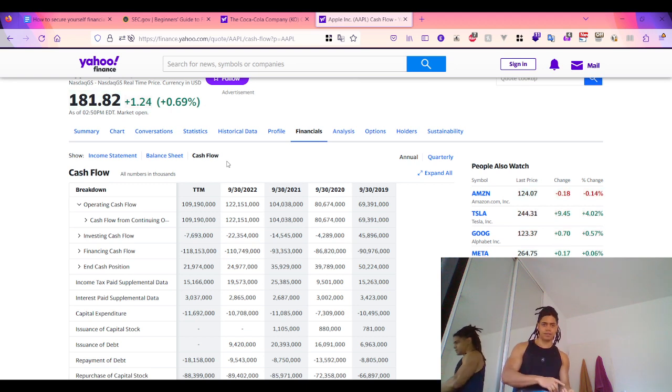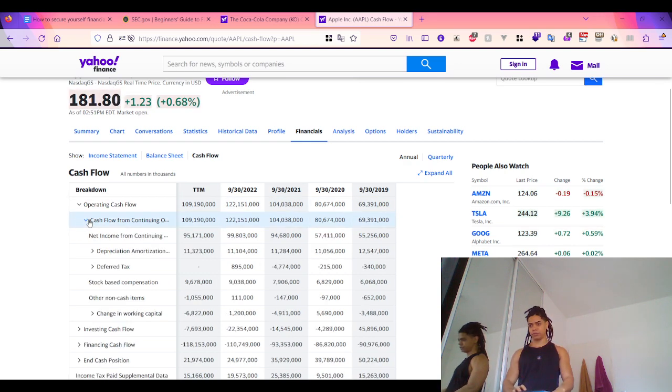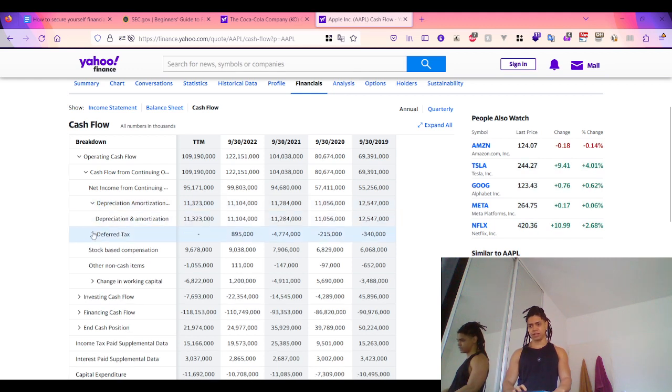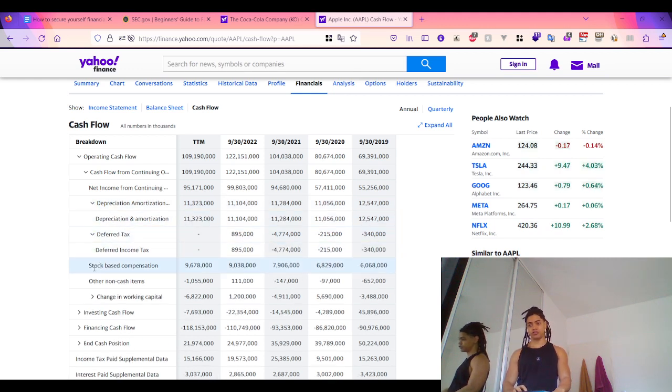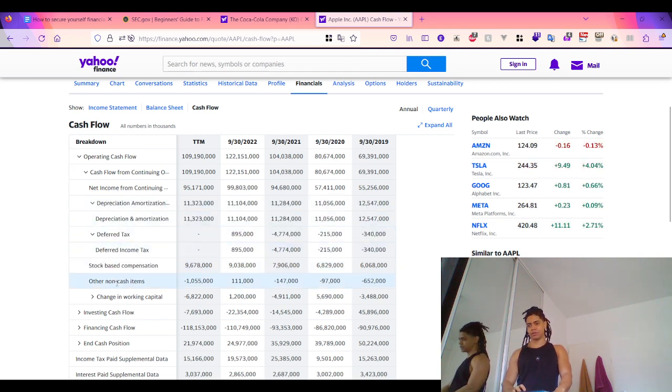And the other is it adjusts the total amount of cash that was used or received from other operating assets and liabilities. So this is the operating cash flow. Here, as you mentioned, the depreciation and amortization, deferred taxes, stock-based compensation, this is part of the reconciliation with the non-cash items, or other non-cash items.